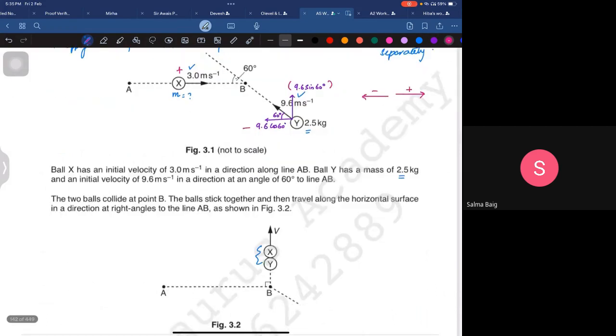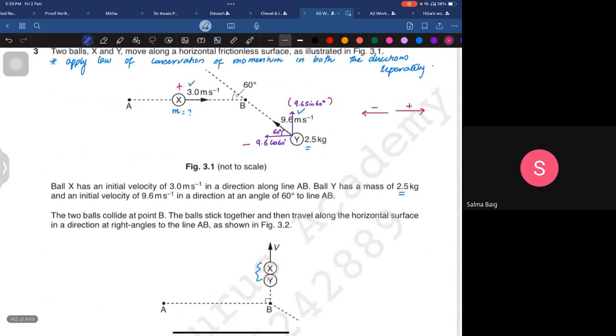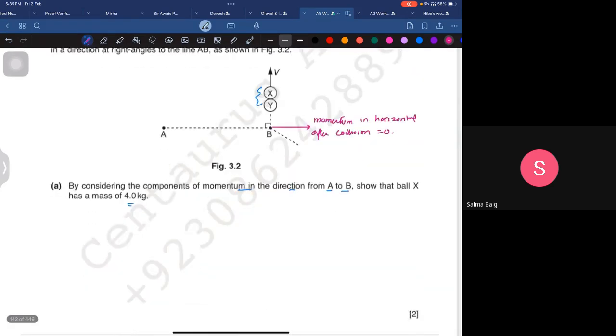Afterwards, when they collide, there's nothing going in the horizontal direction, which means momentum in horizontal after collision is 0, right? So I'm going to write the equation now. The equation is the same, m1u1 plus m2u2 equals m1v1 plus m2v2. Get it, kids? Any questions here?